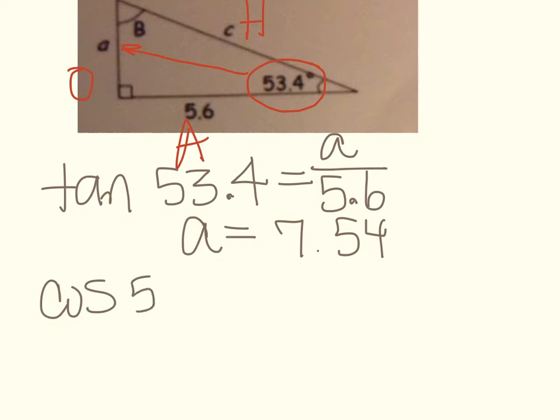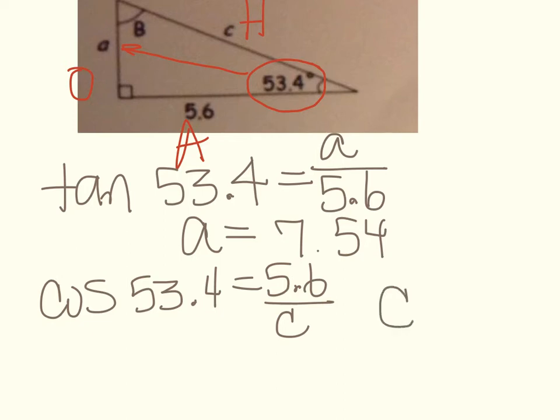So the cosine of 53.4 equals the adjacent, 5.6, over the hypotenuse, C. Well, 5.6 divided by the cosine of 53.4 is about 9.39.